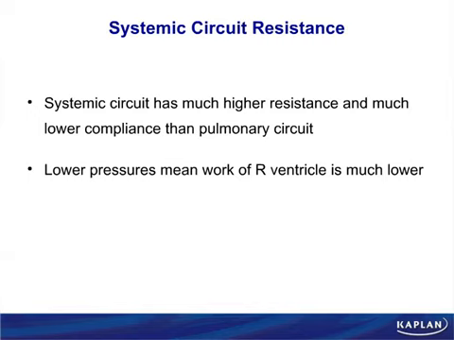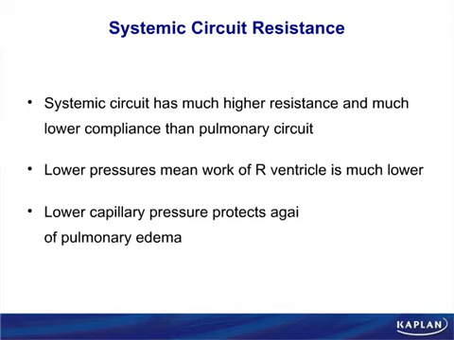The lower pressures and lower resistance that the right heart has to work against means it's much less work for the right ventricle than the left. And we already kind of know that because the left ventricular wall is much thicker than the right ventricular wall. And that's because of the markedly higher work the left ventricle does. And as we indicated on the previous slide, that low capillary pressure helps protect us against pulmonary edema.